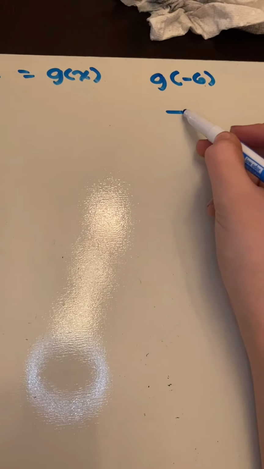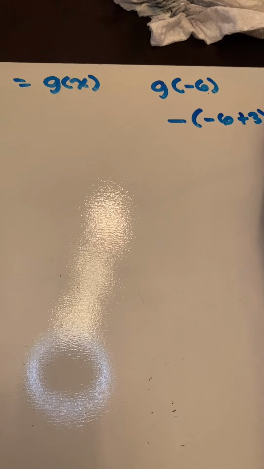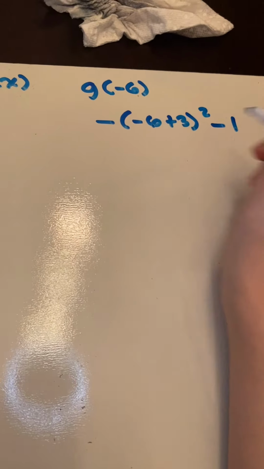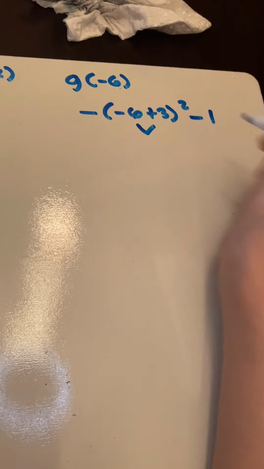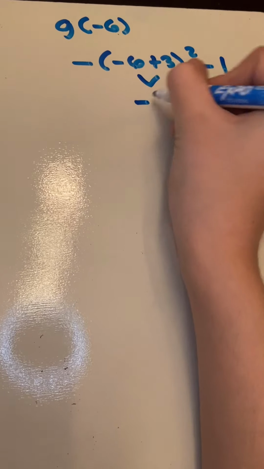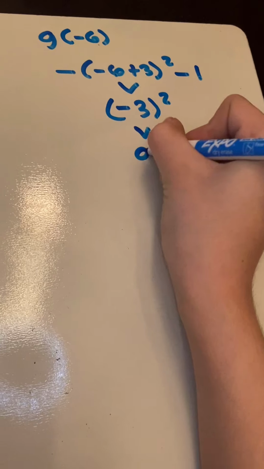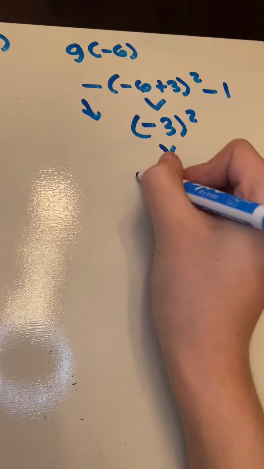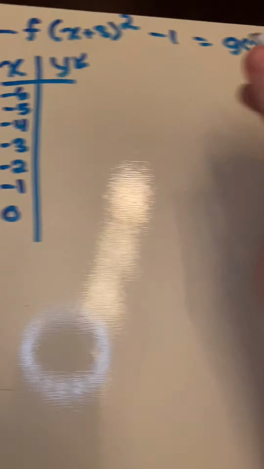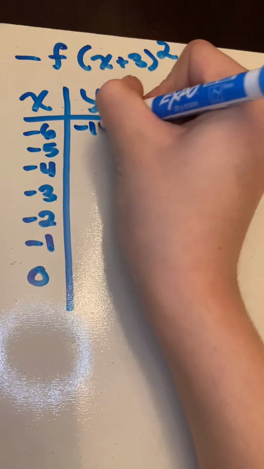So keep the negative, substitute the negative 6 plus 3 squared minus 1. So you do order of operations, parentheses first. Negative 6 plus 3 gives you negative 3. Squared gives you 9. Bring down the negative. Negative 9 minus 1 equals negative 10. So we know that when x equals negative 6, y equals negative 10.